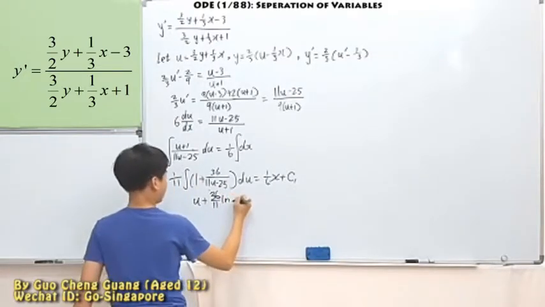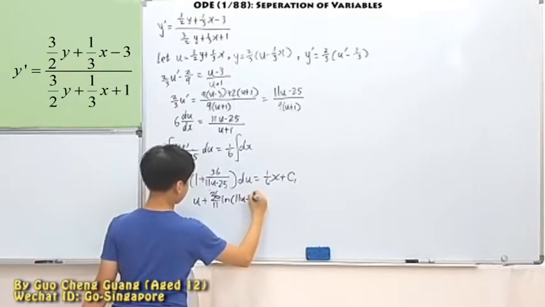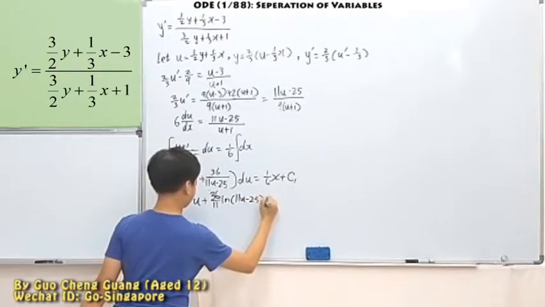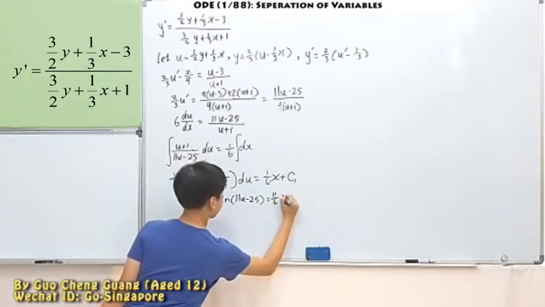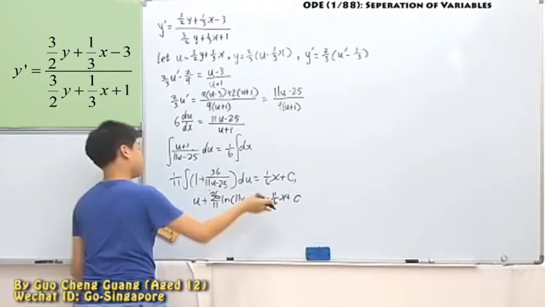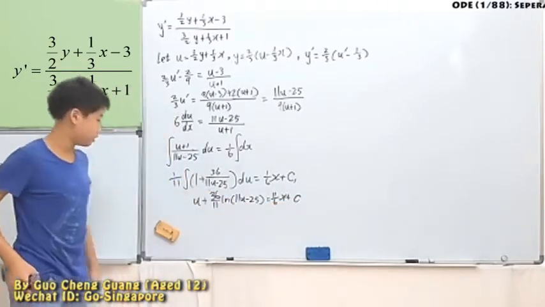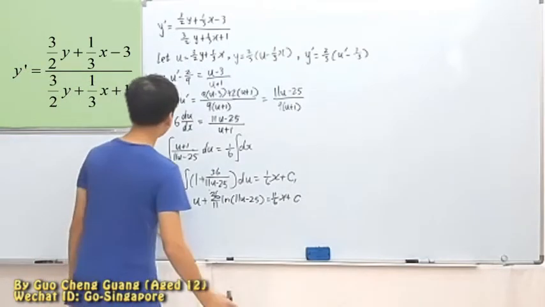Over here you get ln, which is the natural logarithm. So here you need to times 11. And for this arbitrary constant, it will still be an arbitrary constant. Now you have to change this.